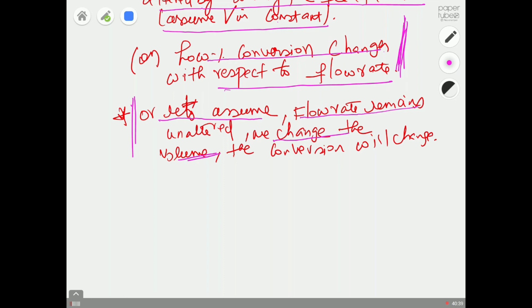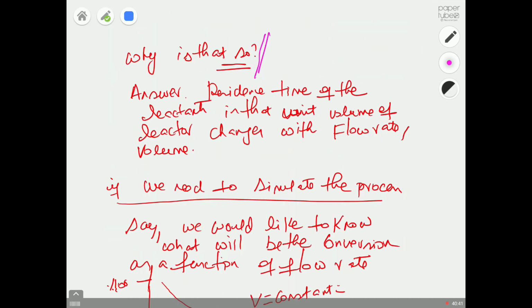So why is that so? This is something that you will know from chemical engineering basics. Obviously, if your volume is constant and you change the flow rate, you are changing your residence time. If your residence time decreases, your percentage conversion decreases, and if your residence time increases, your percentage conversion increases.